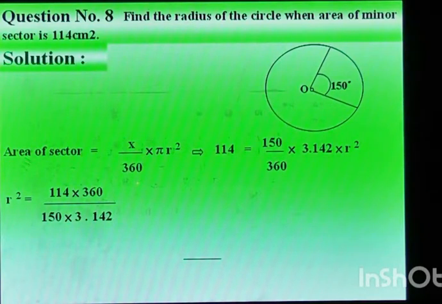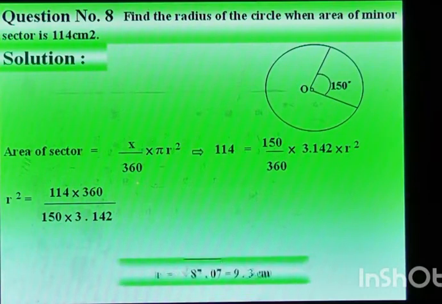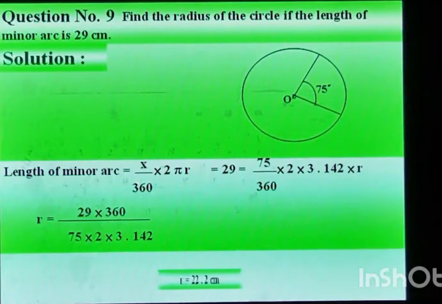Well, this is another question about the sector where there is a possibility that only the major sector is under focus, but here is no restriction. You can use the angle directly, 150, and carry on your work. So let's see the next one. We have a circle, my dear student.